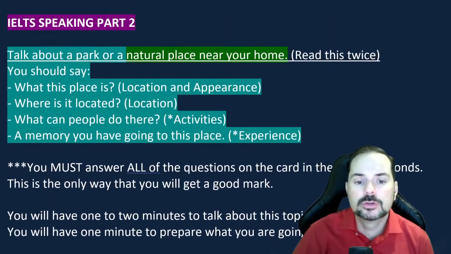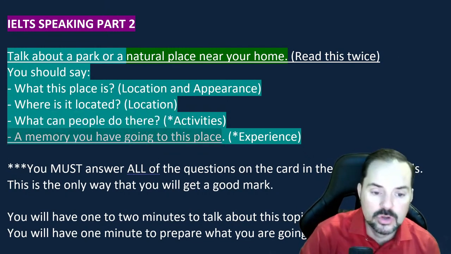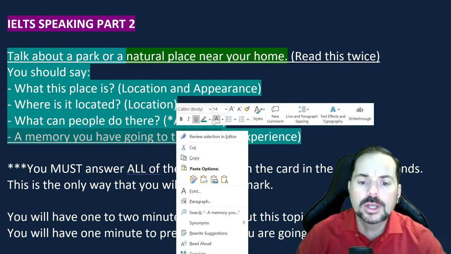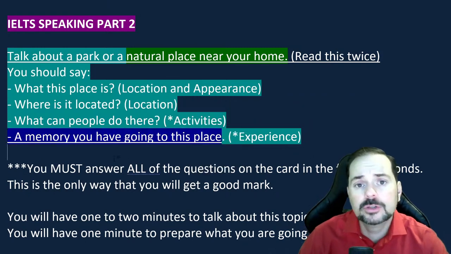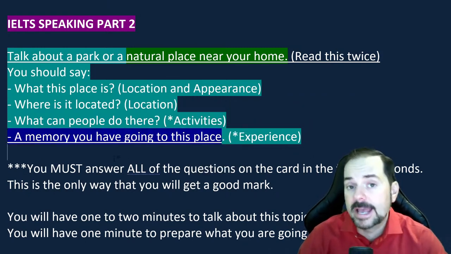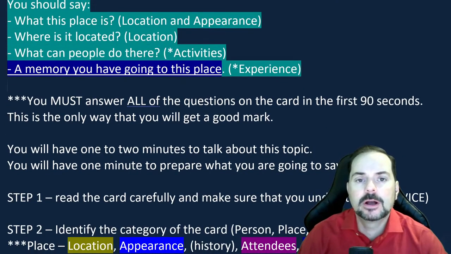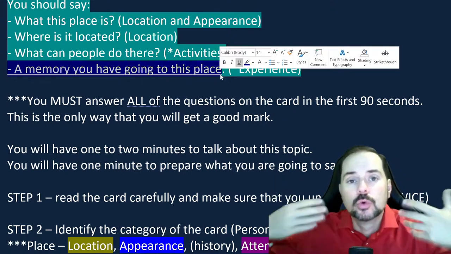So when you're looking at the card and you have this last question, a memory you have going to this place, what you can do in your 1 to 2 minute response, and only do this when you feel like, okay, I answered all the questions on the card, then you can have a sentence which uses this last question to conclude your response.